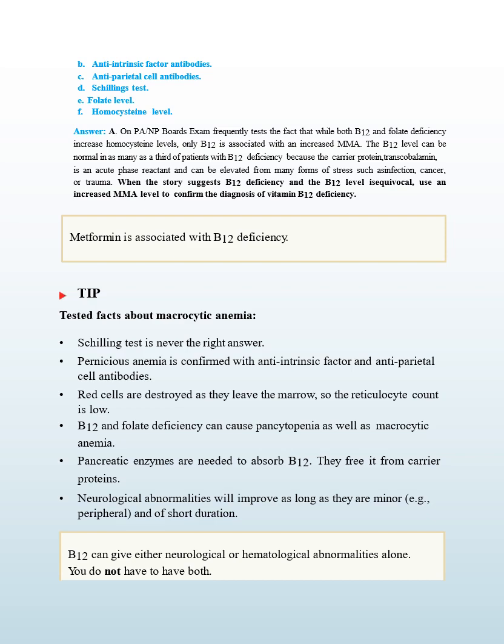Number 2, pernicious anemia is confirmed with anti-intrinsic factor and anti-parietal cell antibodies. Number 3, red cells are destroyed as they leave the marrow, so the reticulocyte counts are low. Number 4, B12 and folate deficiency can cause pancytopenia as well as macrocytic anemia.